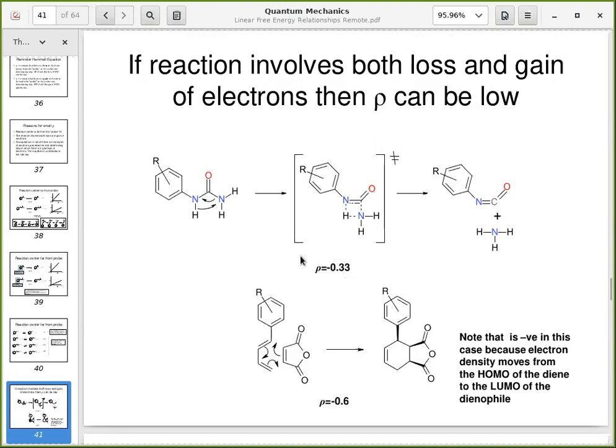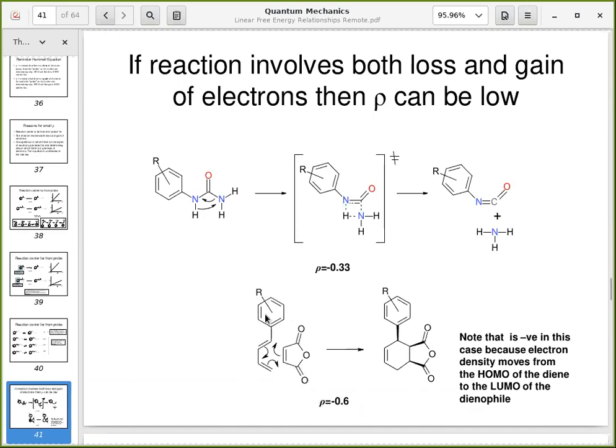So when I look at this value here, I will say it's negative, meaning there's net movement of electrons away from the probe. But I note that it's small because the reaction mechanism involves both a loss and a gain of electrons. Another example is with the Diels-Alder reaction.